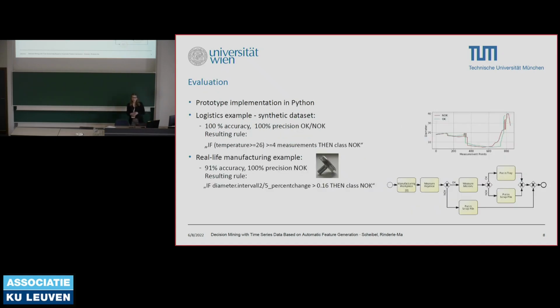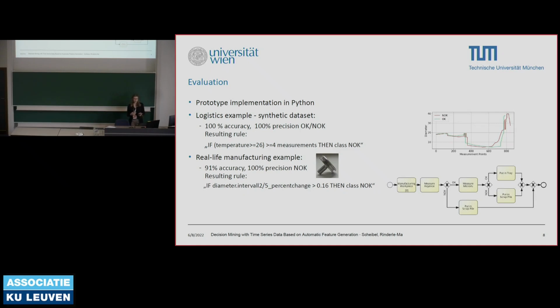We implemented this approach using Python and then evaluated it on 2 data sets. First off, we took the logistics example that was introduced as running example. That was a synthetic data set with about 5,000 instances. And the resulting decision rule was if the temperature is above or equal to 26 degrees for 4 or more measurements, then the class is not okay.